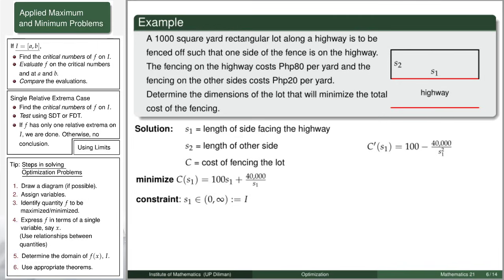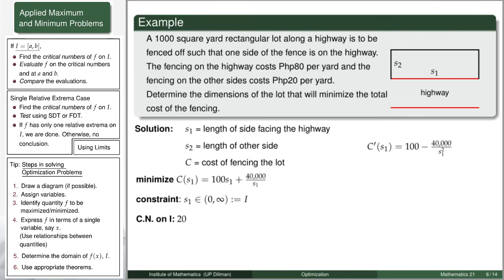As I have told you in the previous video, this is already a bad flag. Remember, you want to have a single relative extreme case. It's a good thing that if you look at our interval 0 to positive infinity, only positive 20 is in the interval. And again, emphasizing that it is important to remove the critical numbers of our function not in our interval.